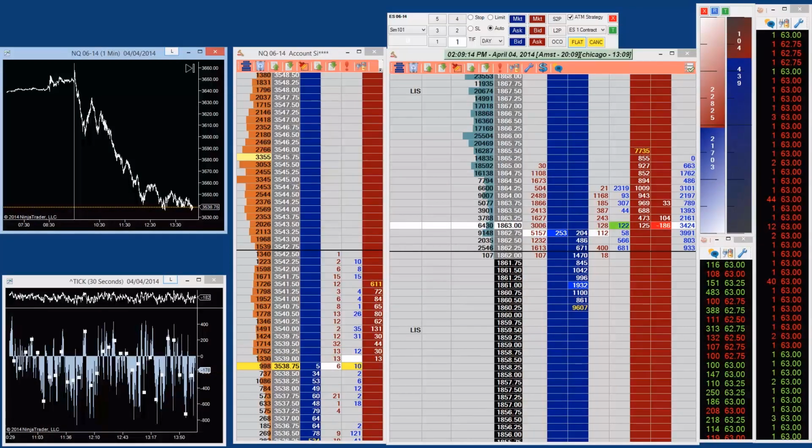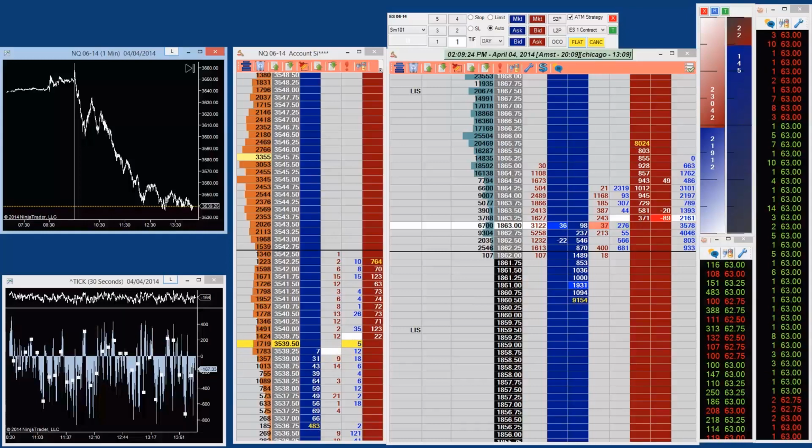If you're looking at an ES chart, you could look at currency, one of the bonds, or one of the indexes. That's the easiest thing to do, to see if there's another market backing you up. So I would start there.